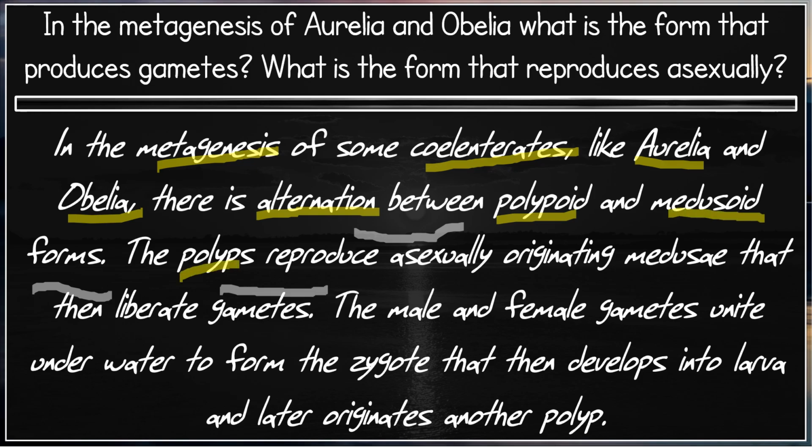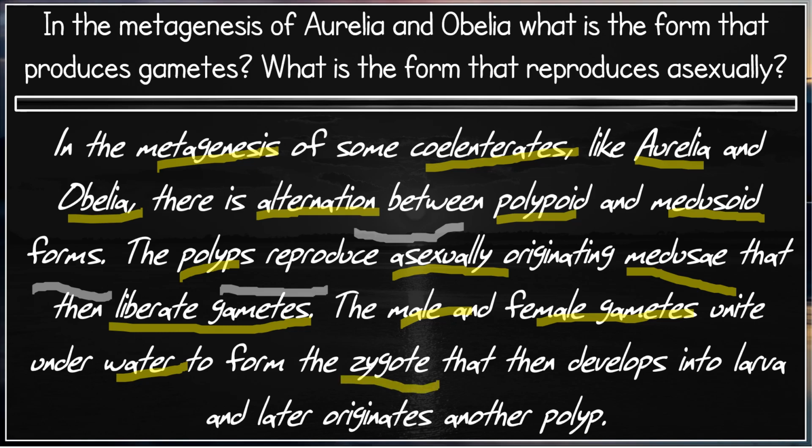The polypoid reproduces asexually, originating the medusae, that then liberate gametes. The male and female gametes unite underwater to form the zygote, that then develops into a larva and later originates another polyp.